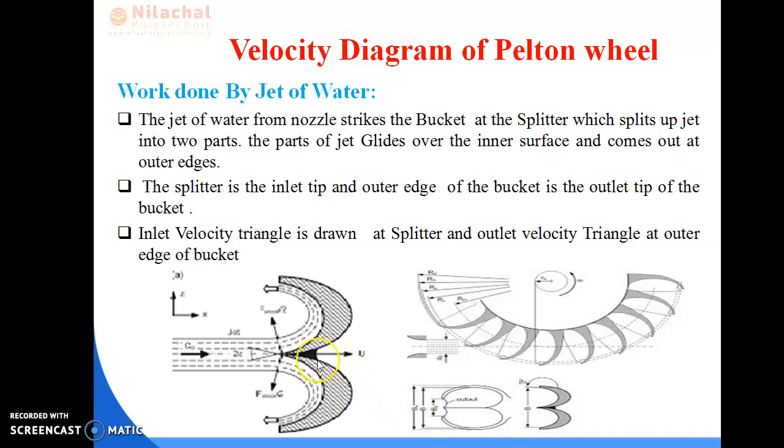So we have to calculate the velocity of blade along the horizontal direction, as shown in the arrow mark u. U is the velocity of blade along the horizontal direction. The jet velocity is also along the horizontal direction. It is striking upon the splitter, so the line will lie upon the line of velocity of blade.